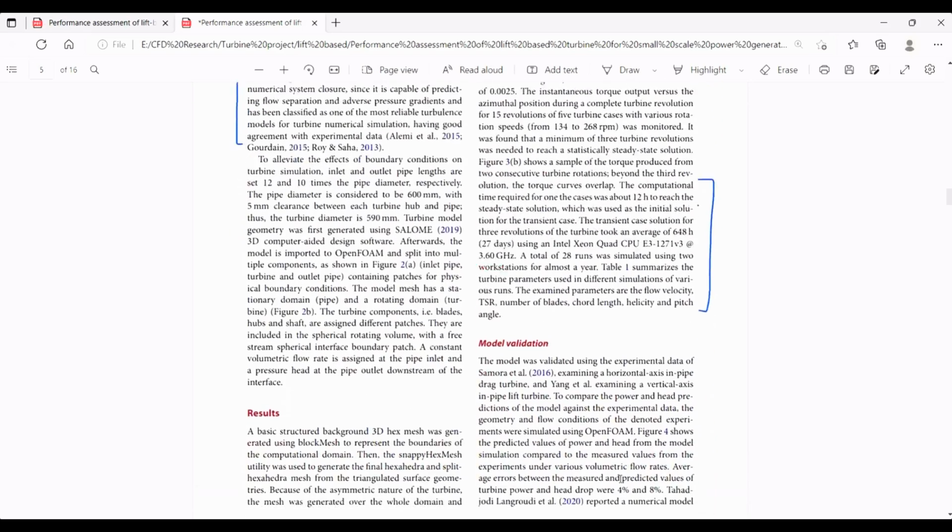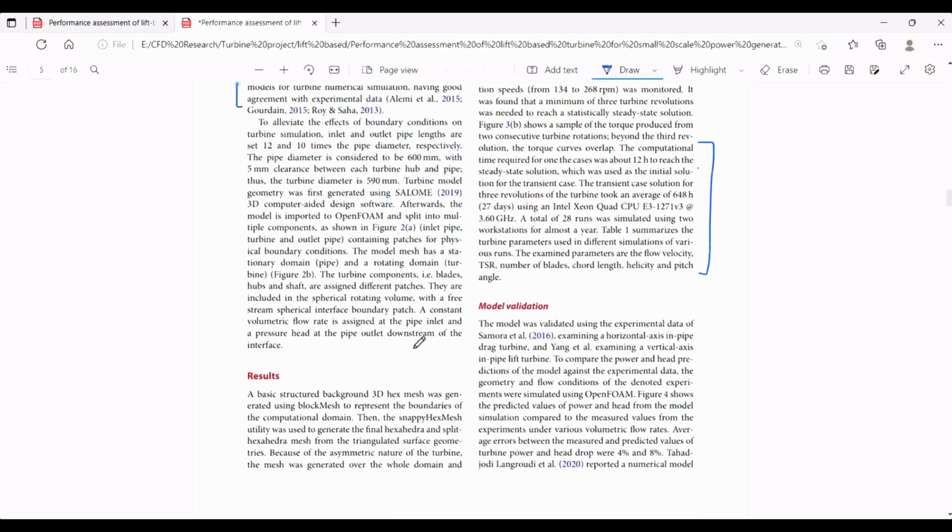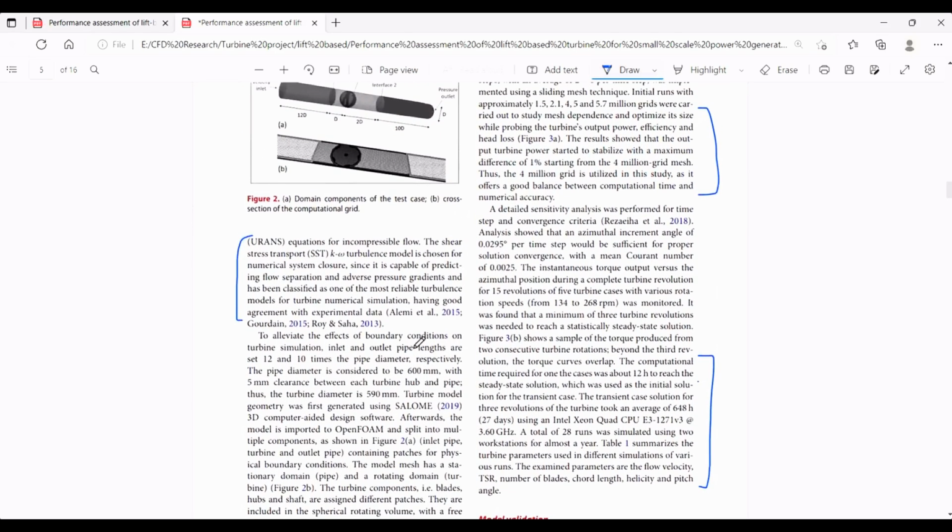This graph shows the error with the number of cells, and it was found that at a 4 million mesh size, the error minimizes to an appropriate level, and hence 4 million is the optimum mesh distribution for the study that the author had done. After that, he performed various sensitivity analyses for finding the appropriate time step for the study.